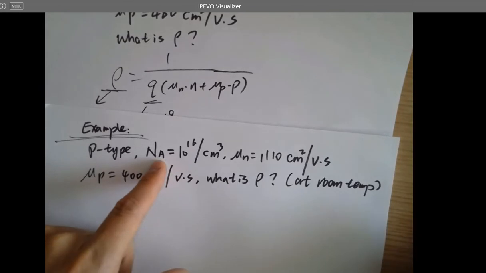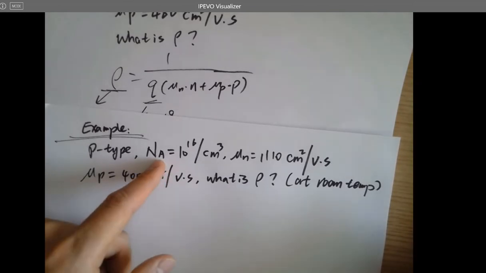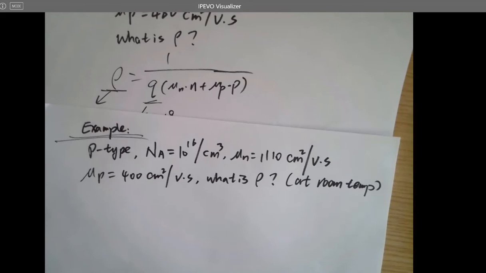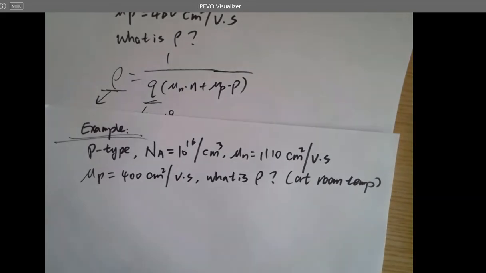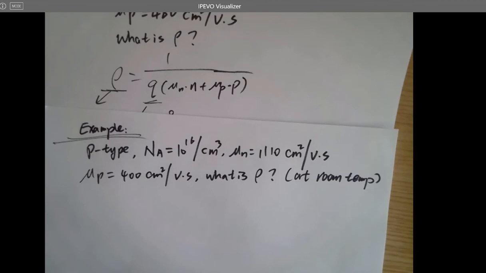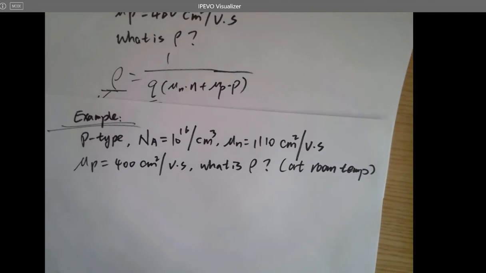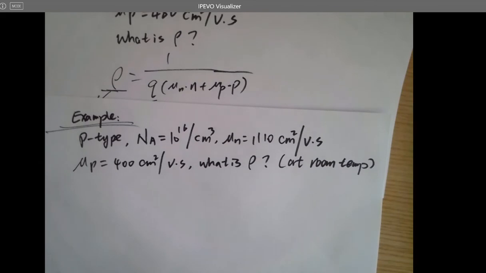P-type, then Na is huge. Does that make sense? For the p-type semiconductor, you have a large Na. What is Na? The concentration of acceptor atoms, right?